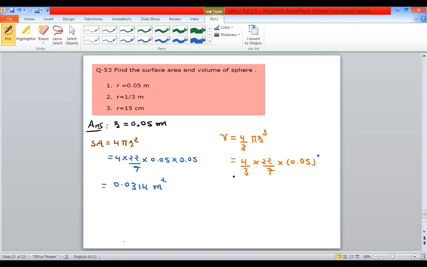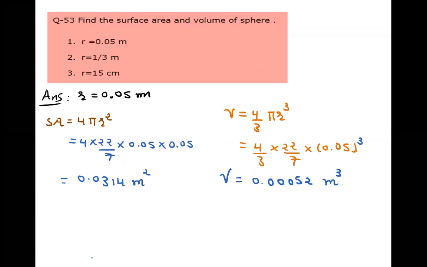It's 0.00052 meter cube. Hope you remember.